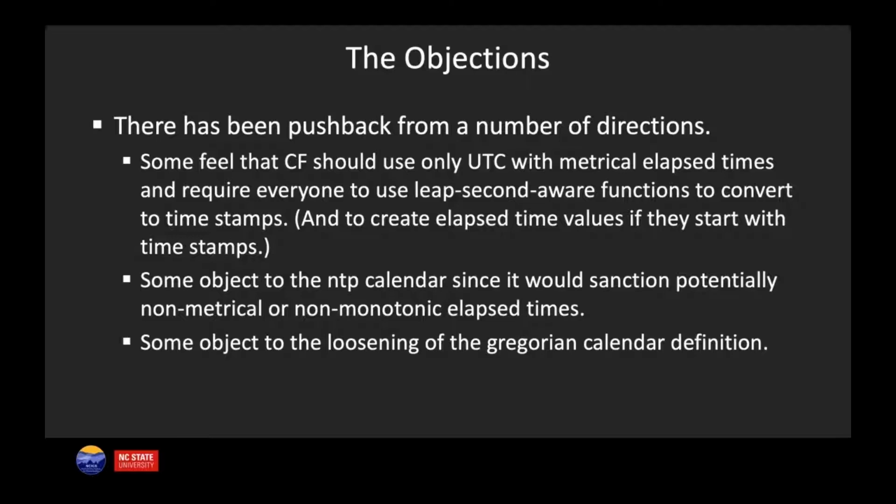The way the CF convention says it is, if you haven't specified a time zone offset, it's UTC. But UTC implies a lot more than just the time at the zero meridian, the Greenwich meridian.